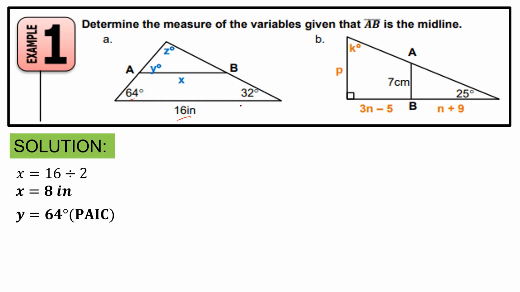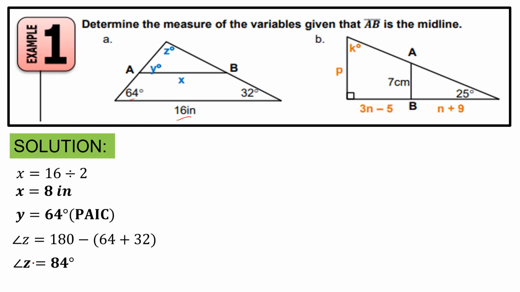And the total measurement of the angles of a triangle is equal to 180 degrees. So all you need to do is to add these measurements and subtract the sum from 180. So we have angle z is equal to 180 minus (64 plus 32). And the value of z is equal to 84 degrees.